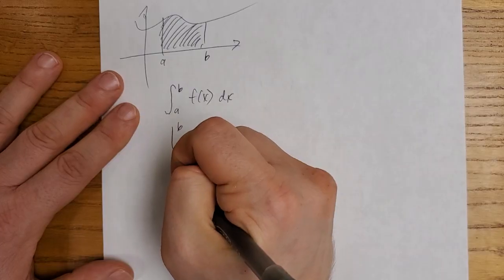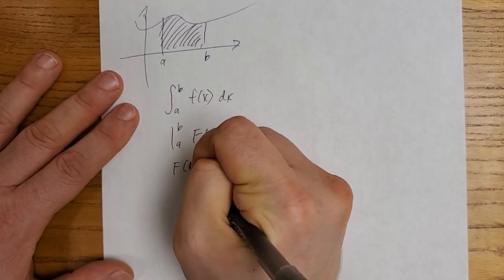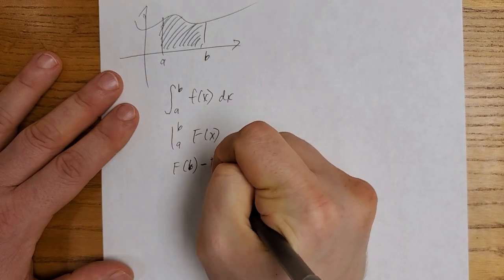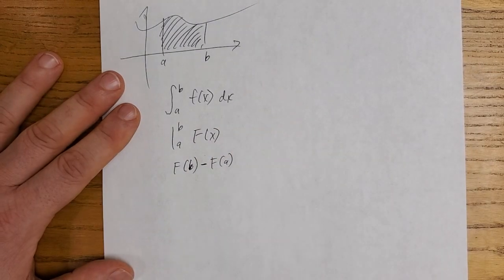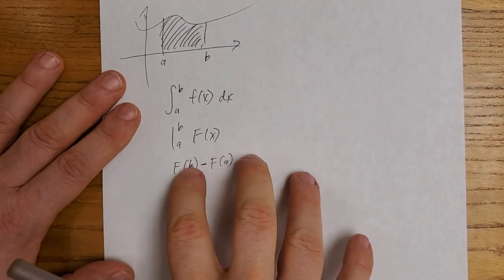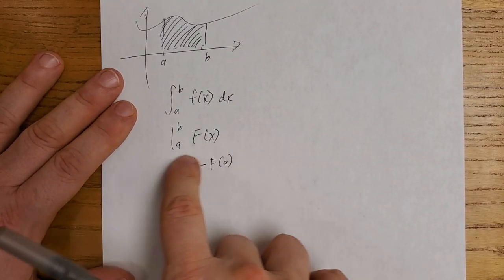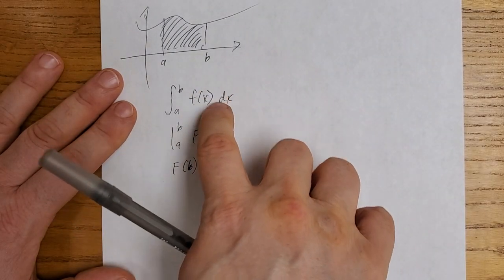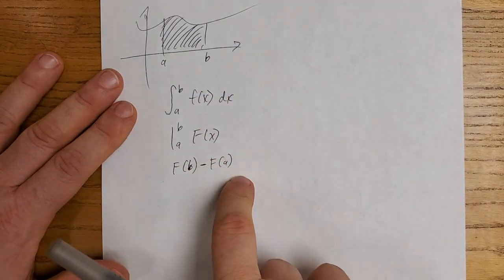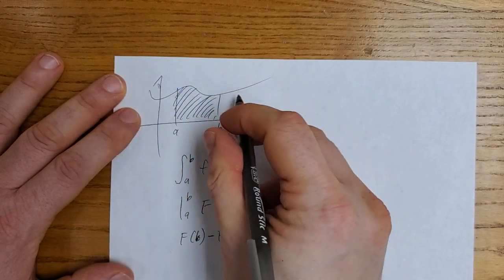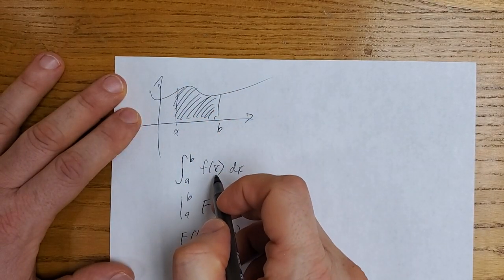You take the new function that you found, you plug in the b, and then you subtract the same one with the a plugged in, and you don't have to worry about the c because you're subtracting, the c's cancel out. You plug the numbers in, run it through the equation that you found by taking the integral, and that will tell you the area under the curve for that function.